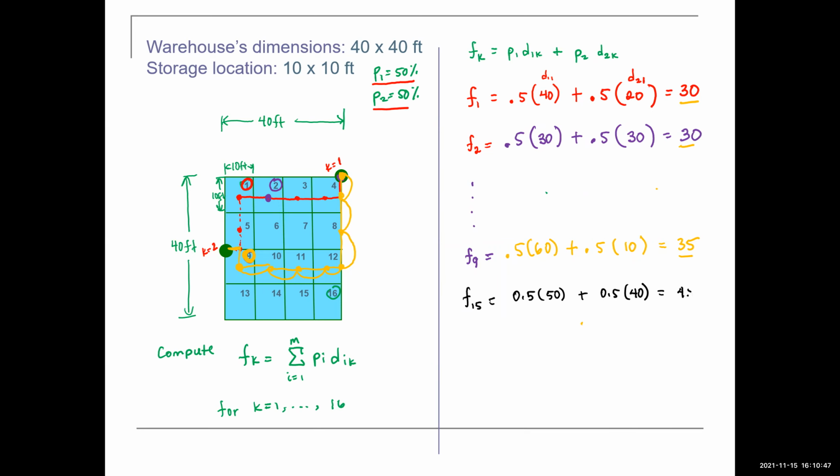And this is going to be 45. And then F16 going to be 0.5 times 40 plus 0.5 times 50. And this is also 45. And those are given, you can verify those. But again, you have to go and create the list from F1 to F16.